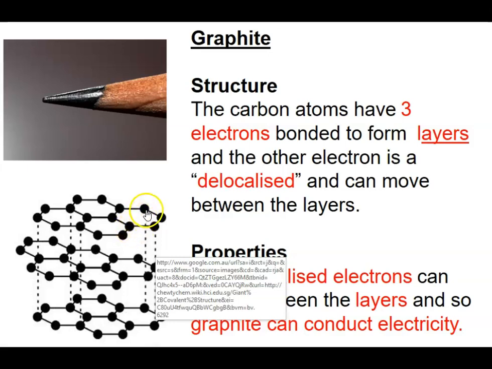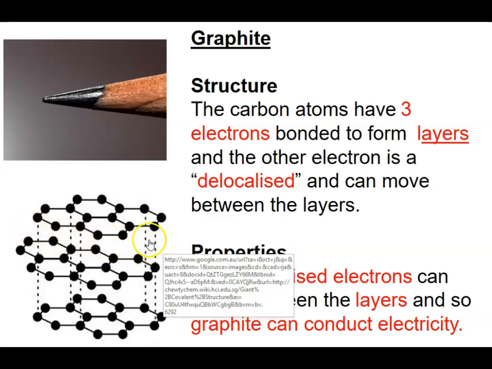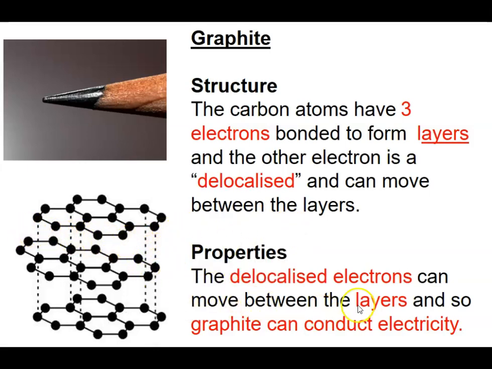If we look at this atom here, it's bonded to 3 carbon atoms, but not down to the 4th. So this electron and this electron are moving between the layers, and they're delocalized electrons. Because they move between the layers, graphite can conduct electricity.